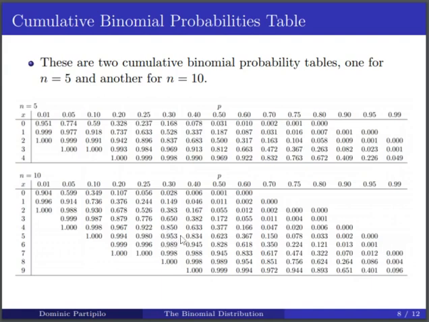So the probability of getting 5 successes or less would be 0.953. And it's that easy. So we're going to go over some more concrete examples of how to use these tables.